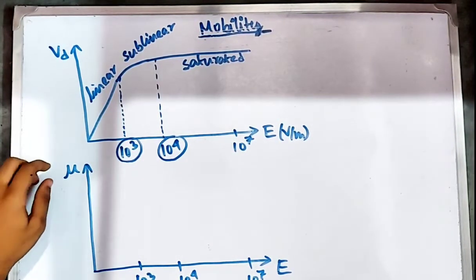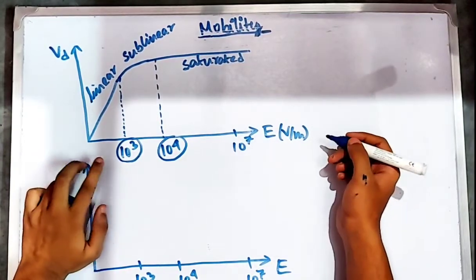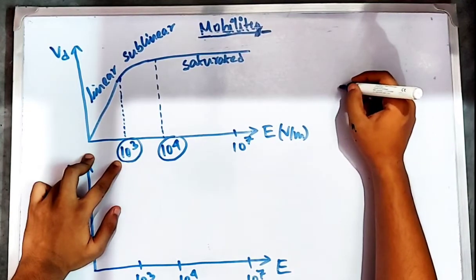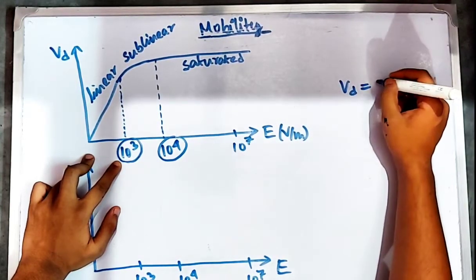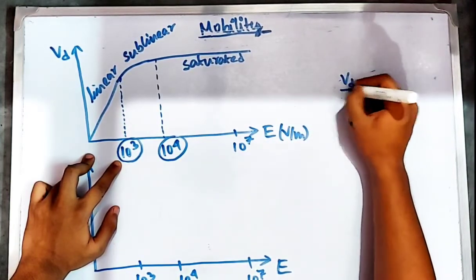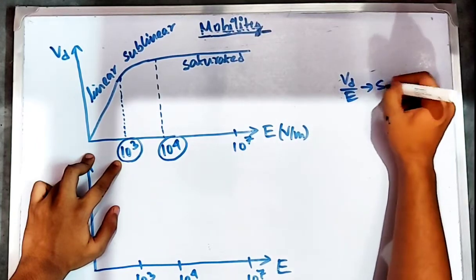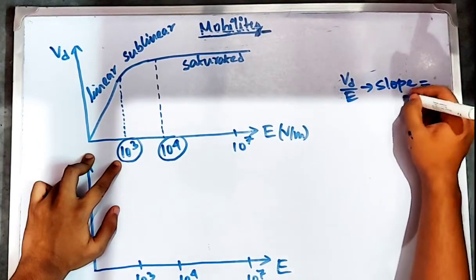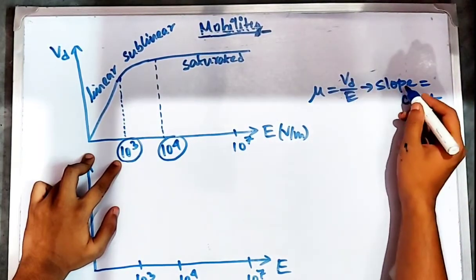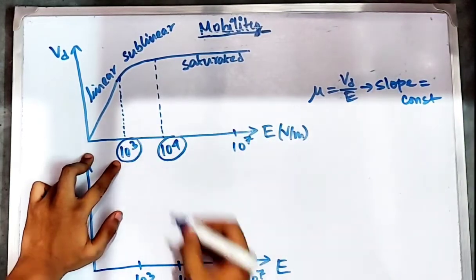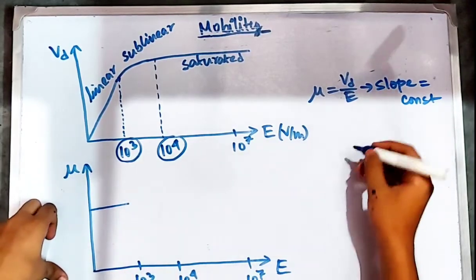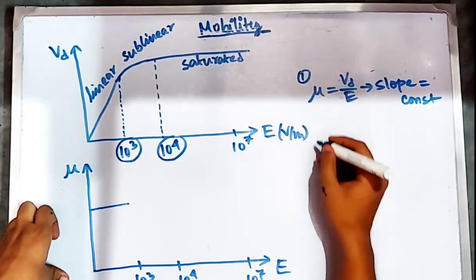As we can see, within the region from 0 to 10 to the power 3, Vd by E, that means the slope, is constant, and Vd by E is equal to mu. That means the mu has a constant value. Then this is region 1.